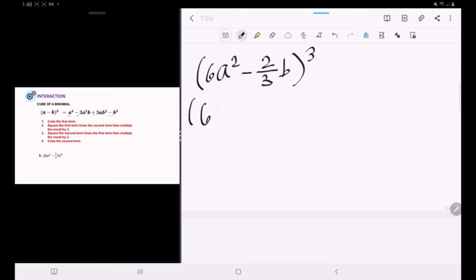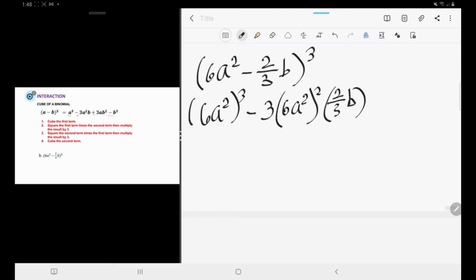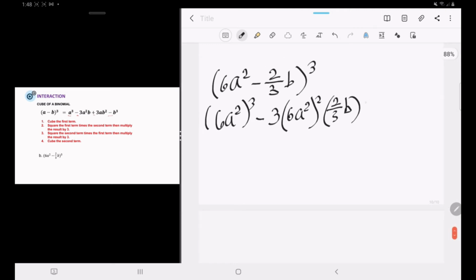So we have 6a squared cubed, minus 3 times the square of the first term, 6a squared squared, times the second term, 2/3b, plus 3 times the first term, 6a squared, times the square of the second term, 2 over 3 squared.